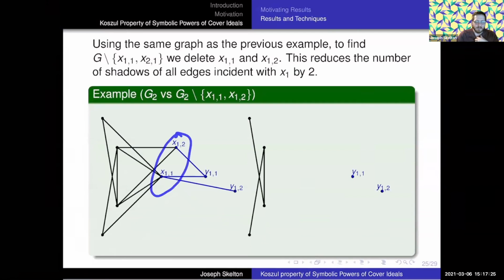If I delete both x1 and x2, or x11 and x12, then I delete this whole portion of the graph, which is like those edges never existed. I get some isolated vertices, yeah, those are easy to deal with. But I basically just remove a portion of the graph by deleting enough copies of this vertex.